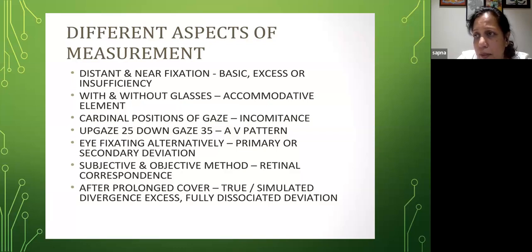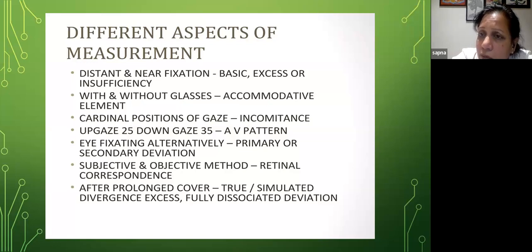Even in the other positions of gaze, I'm not talking about the upper gazes, mostly in the exotropias, in the outer gazes, in the right and left gaze, you get what is called lateral incomitance. There can be a difference of at least 5 prisms between primary gaze and right and left gaze.